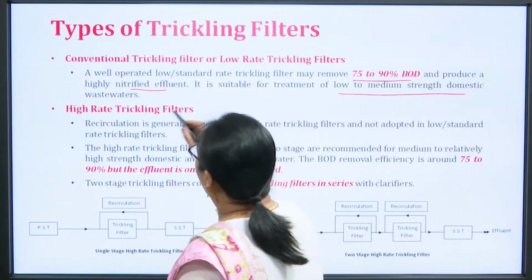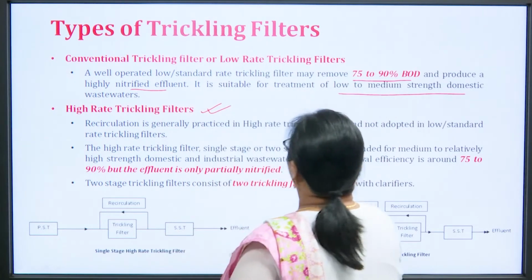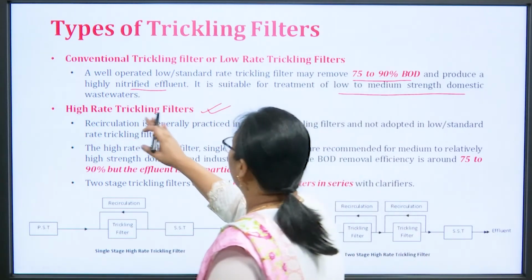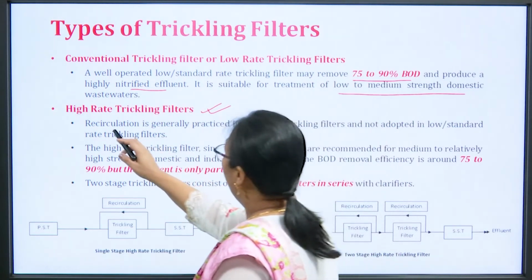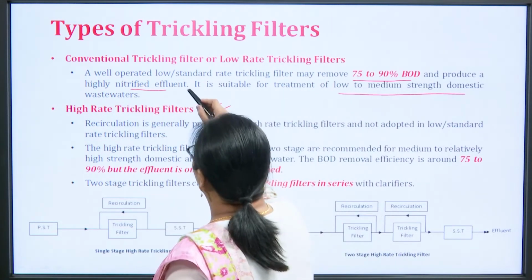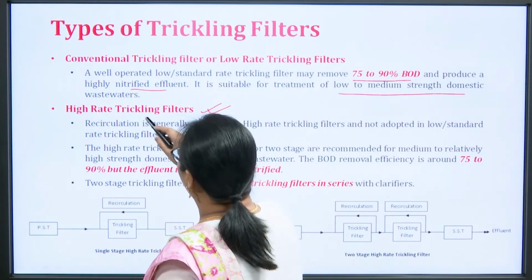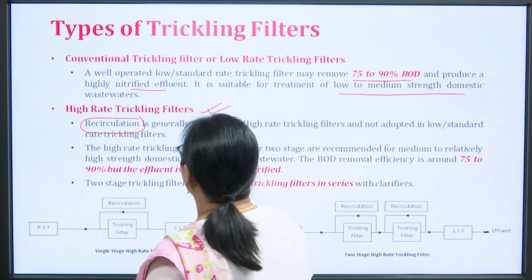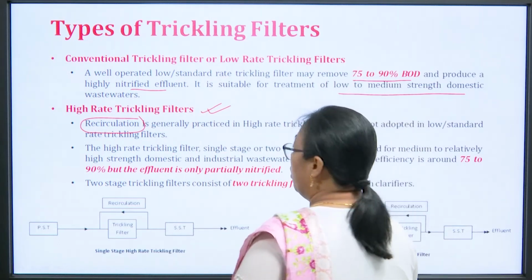Then we will have high rate trickling filters. This is low rate, which runs at a very slow speed, and this is high rate, which produces lots of effluent. The difference between conventional or low rate trickling filters and high rate trickling filters is recirculation.